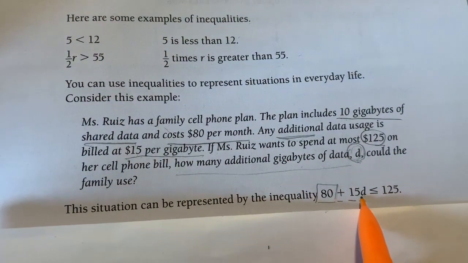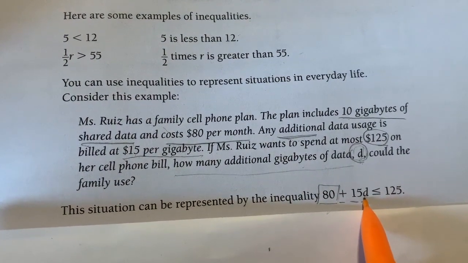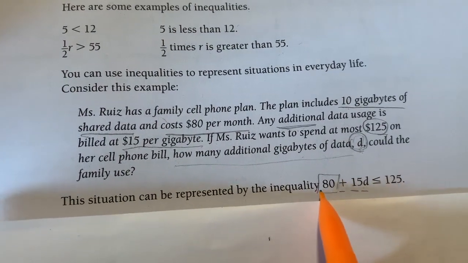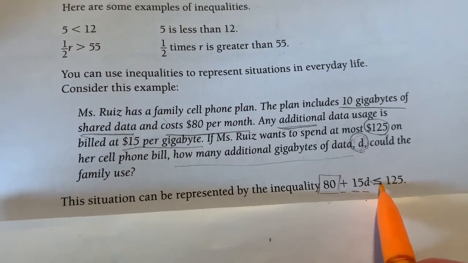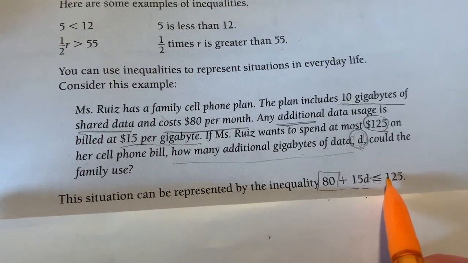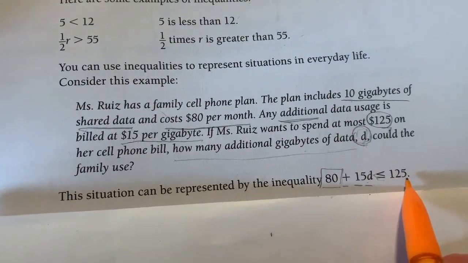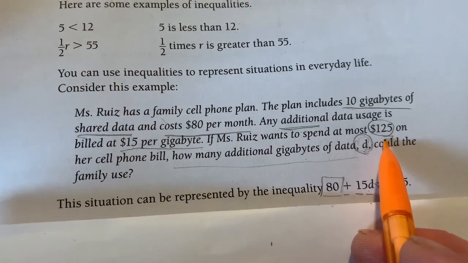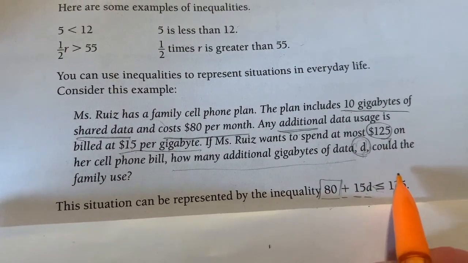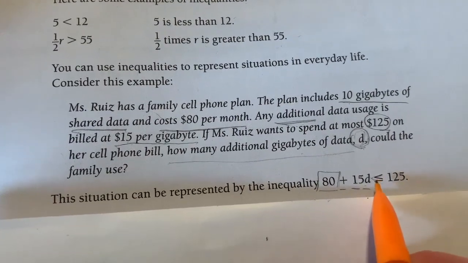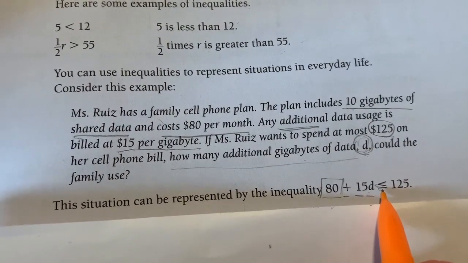Remember, the additional gigabytes we're representing with D. So all of this added together has to be less than or equal to 125, because they said they only want to spend $125, but they could spend exactly $125. So that's why we include the equal sign.